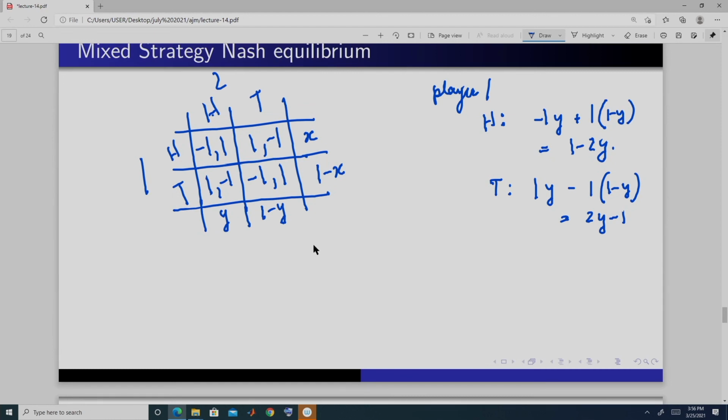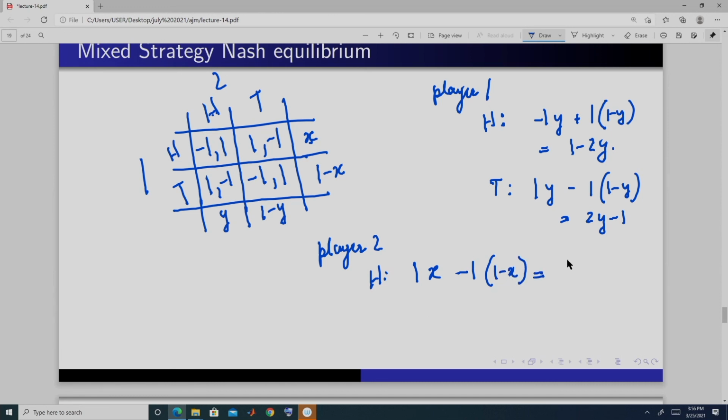Now, let us calculate the payoff of player 2. If player 2 plays head, it will get 1 with probability x and -1 with probability 1 minus x.